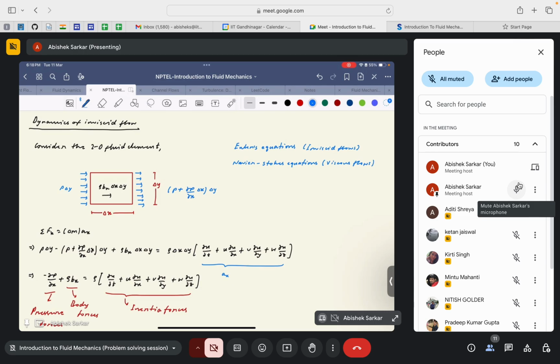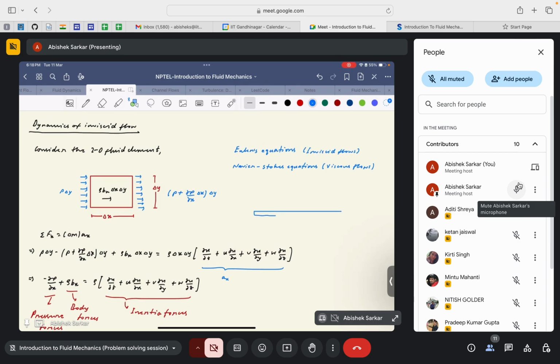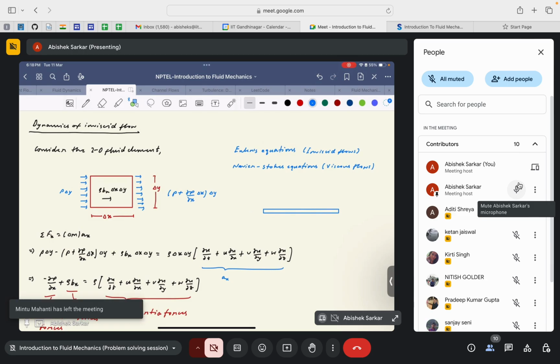Just to give you a brief example, if you consider a flow over a flat plate, and this is the boundary layer that generates, and this would be the corresponding velocity profile.